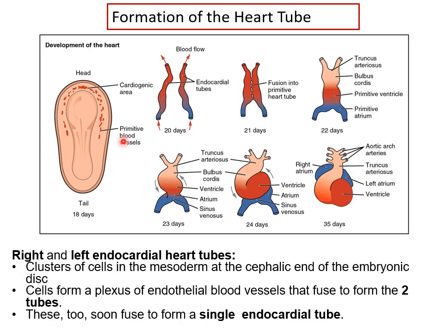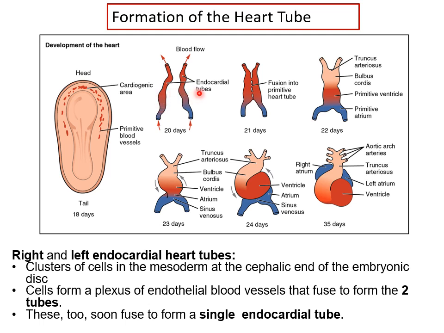So in this angiogenic area, while some of those angiogenic cell clusters are forming primitive blood vessels, at this most cranial end, the angiogenic cell clusters are getting together and fuse to form first two endocardial heart tubes or two endothelial heart tubes.